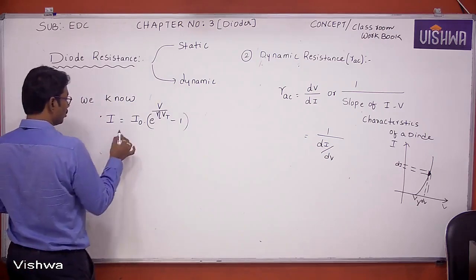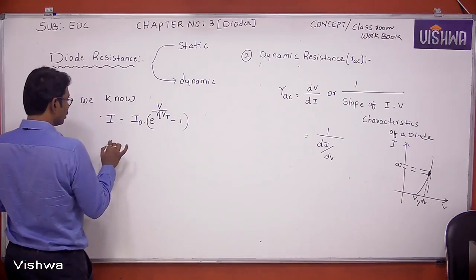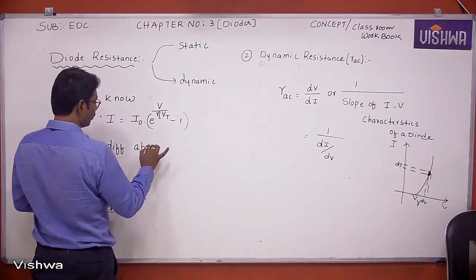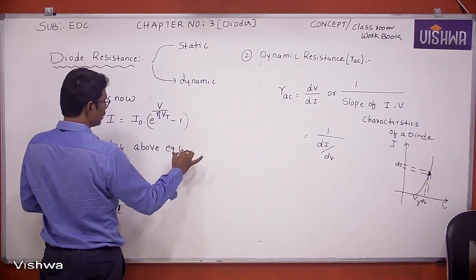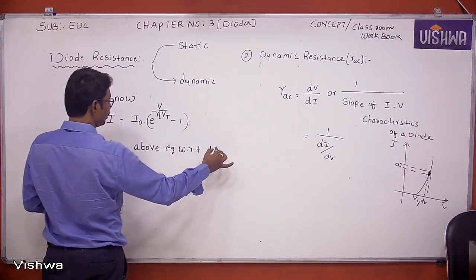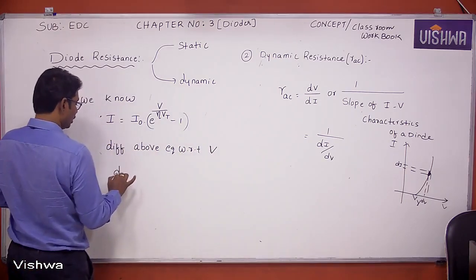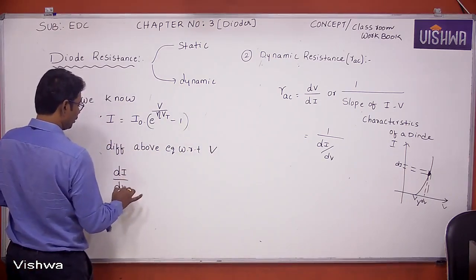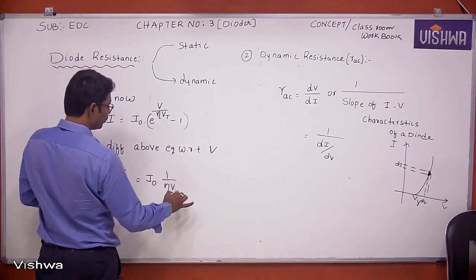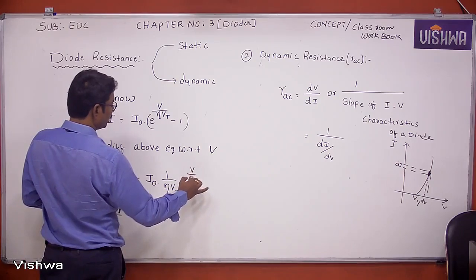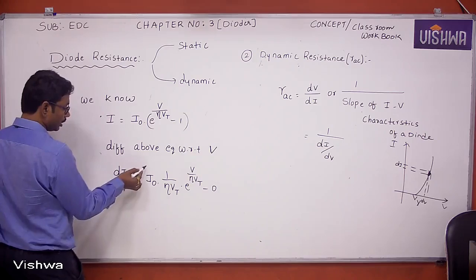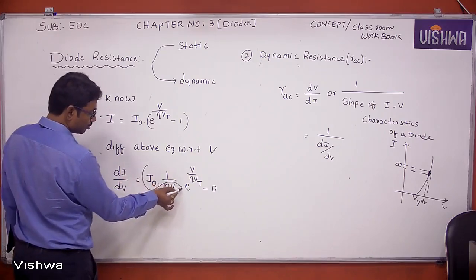Differentiate the equation with respect to v. Then di by dv equal to I naught into 1 by eta into vt e power v by eta into vt. The differentiation of 1 is 0.